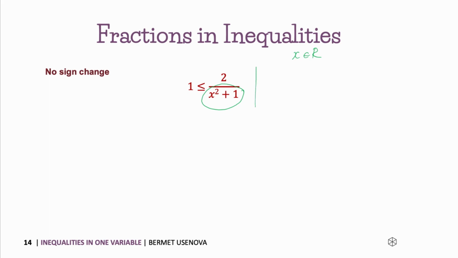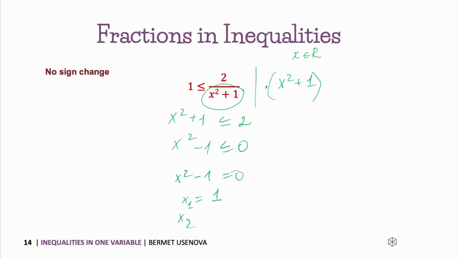So if we multiply both sides of the inequality by x squared plus 1, here will be x squared plus 1 less than or equal to 2. And if we move 2 to the other side, we will end up with this inequality. Multiplying both sides by this term will give us this equivalent inequality. The quadratic x squared minus 1 has two solutions, x1 equals 1 and x2 equals minus 1.